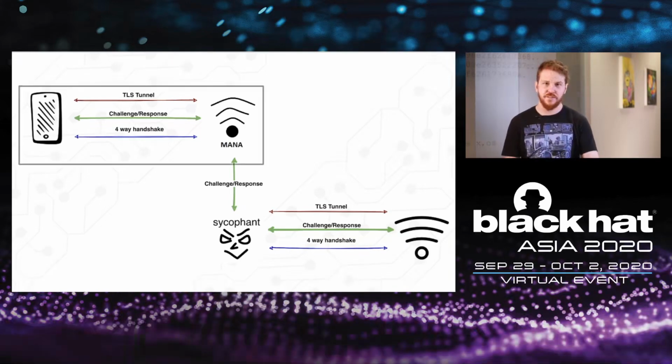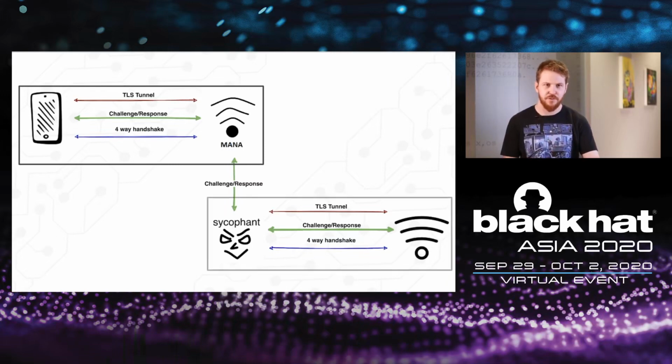That makes up the portion where the client, being tricked, is connecting to us, and we're handling that TLS tunnel and four-way handshake. But rather than handling that challenge response, we pass it down to the second portion, which is the sycophant, a modified version of wpa_supplicant. That handles its own separate TLS tunnel and four-way handshake. These two things work together to ferry across that challenge response. And then at the end, hopefully we get a success from the server and we can connect.